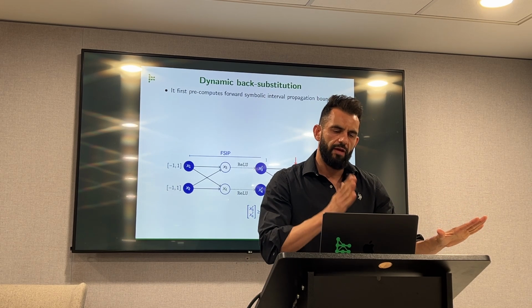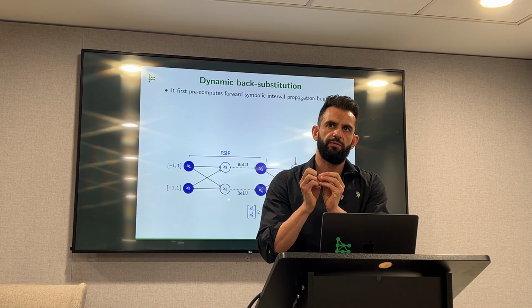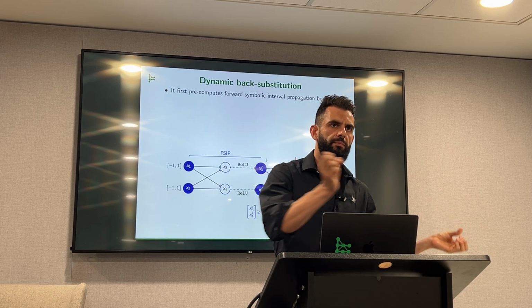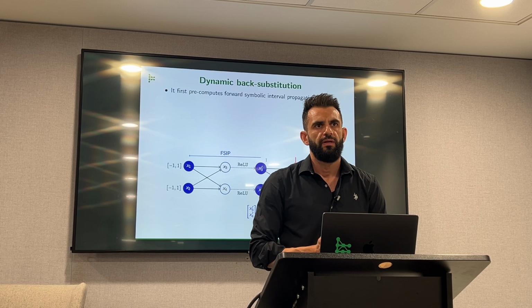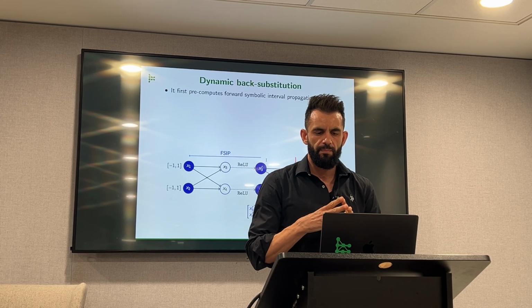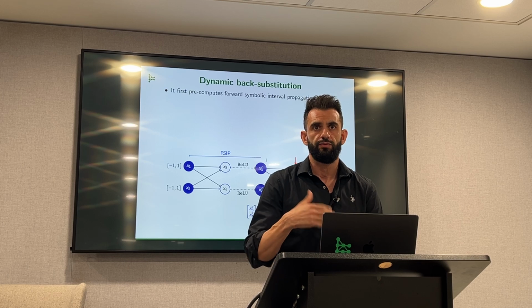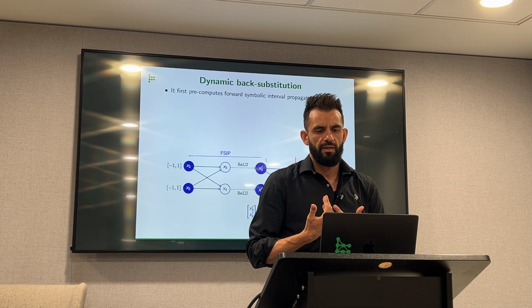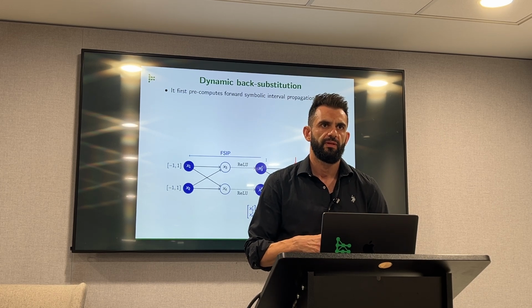Then at each step, we stop, and we use the forward symbolic interval propagations for that previous layer to fast propagate the backward equations to the input layer. This gives us bounds that are less precise than if we were to run back substitution all the way backward, but more precise than running forward symbolic propagation.